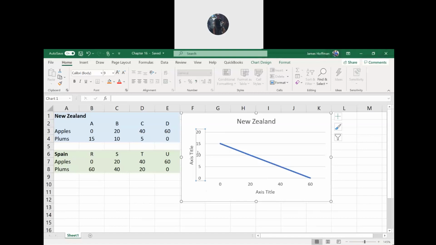Okay, so this one going from 0 to 20 is the plums. And this one going in increments of 20 is apples.